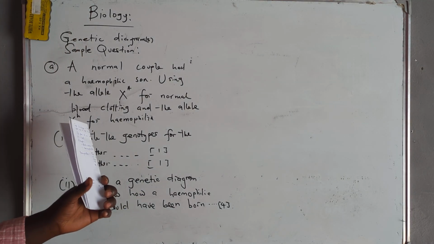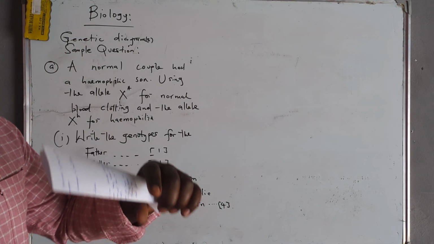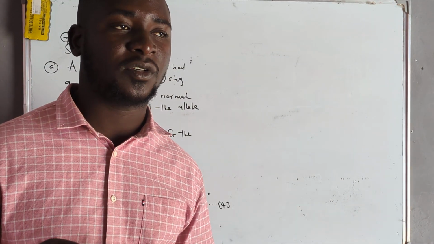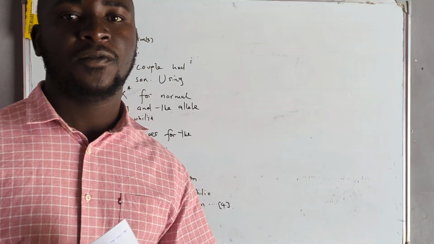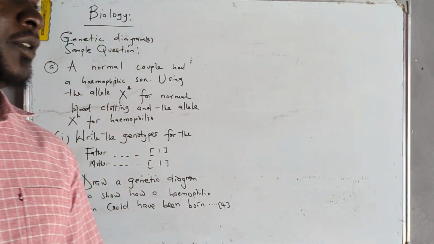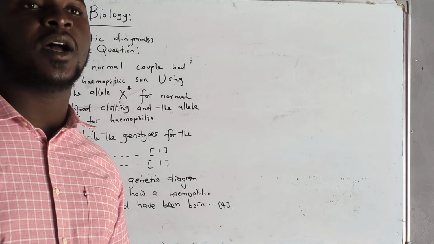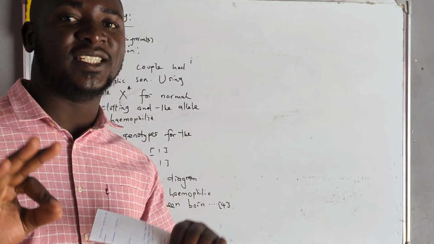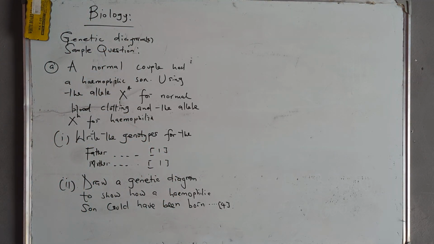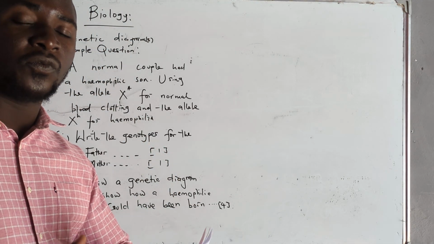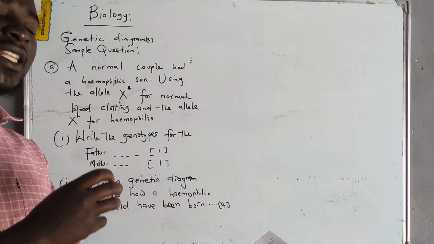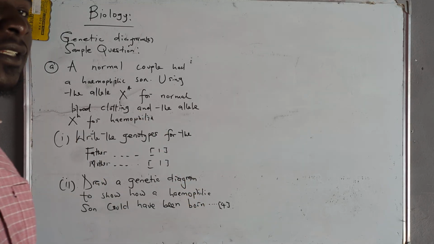When someone is lacking certain clotting factors in the blood, to be specific, factor 7 and factor 9, these people are going to have prolonged bleeding compared to the normal bleeding. So they tend to lose a lot of blood. When you cut yourself, you will find that you're losing a lot of blood, and the clot doesn't happen just there and then, since you're lacking certain factors.